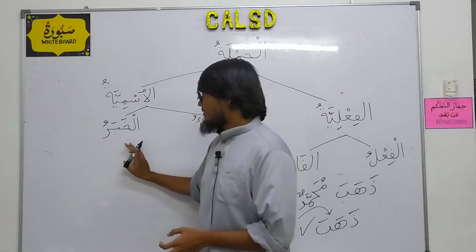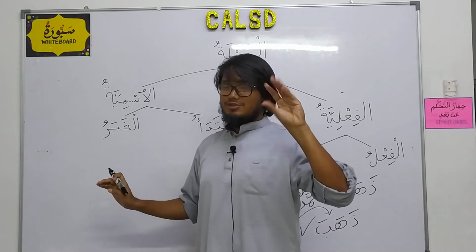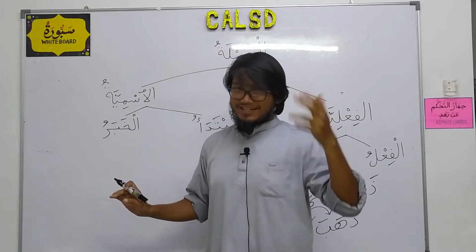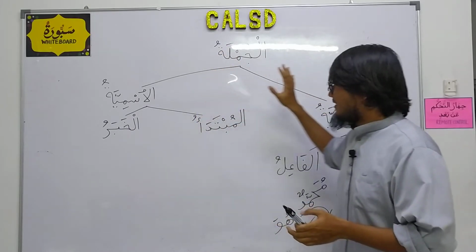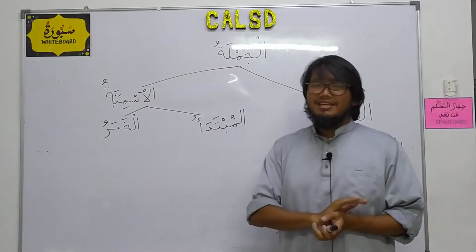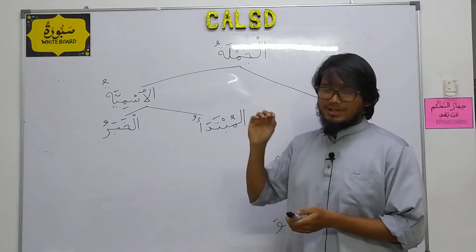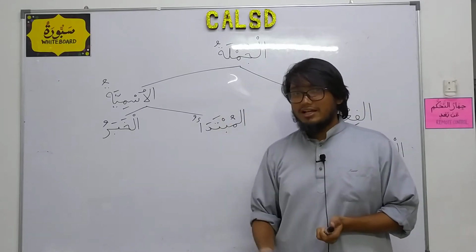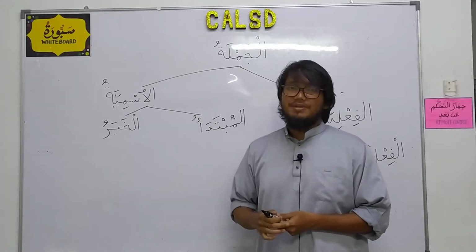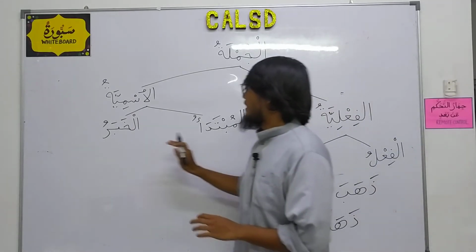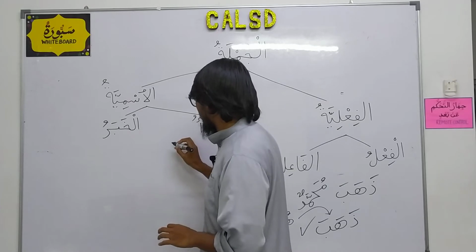So going to khabar, there are 5. As I've said before, and I'll say it again, al-jumlah is only this or this. Any sentence in Arabic, you can pick up any Arabic book, you can see the Quran, it doesn't run away from al-jumlah fi'liyah or al-jumlah ismiyah. So al-mubtada, khabar, there are 5 types of khabar.